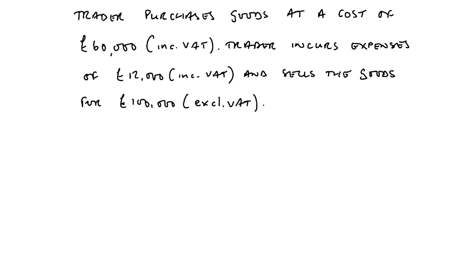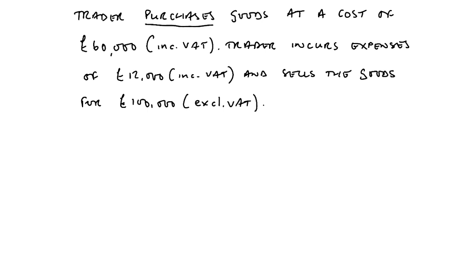We're told that a trader purchases goods at a cost of £60,000, including VAT. So we are buying goods from other VAT-registered traders at a price of £60,000, inclusive of VAT. So there is input tax that the business has suffered on the purchases of those goods. The trader also incurs expenses.